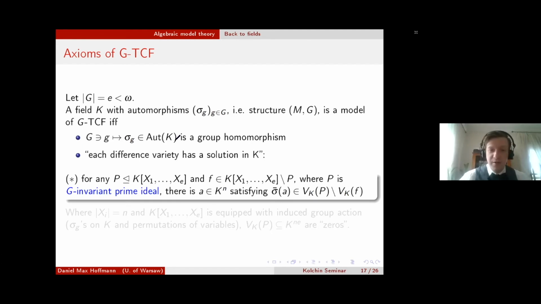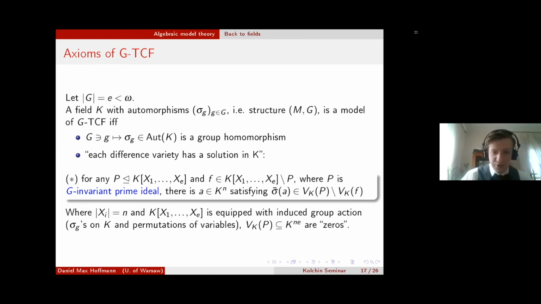For any P, which is a G-invariant prime ideal, and F, which is just a polynomial outside of P, there is a, so a tuple in K^n, satisfying this last condition, okay? So maybe I will reveal everything here and then make comments.